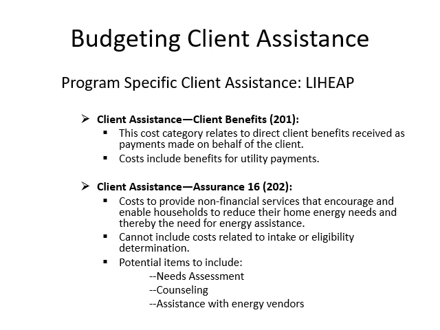For line item 202, which is Assurance 16, you need to include the cost to provide non-financial services that encourage and enable households to reduce their home energy needs and thereby the need for energy assistance. You cannot include costs related to intake or eligibility determination in this line item. Potential items to include would be needs assessment, counseling, assistance with energy vendors.